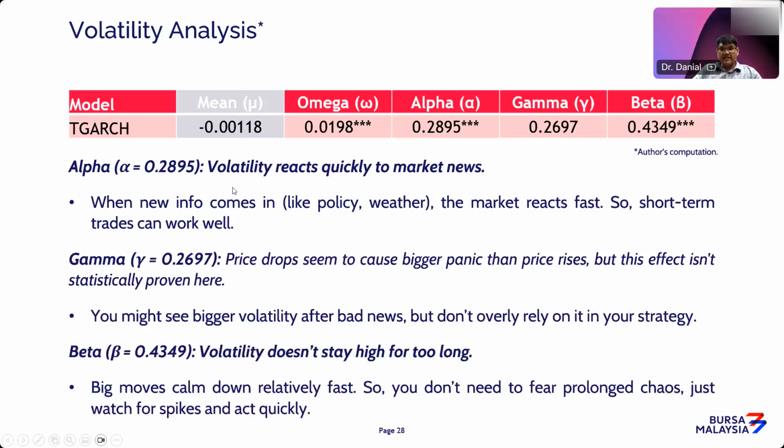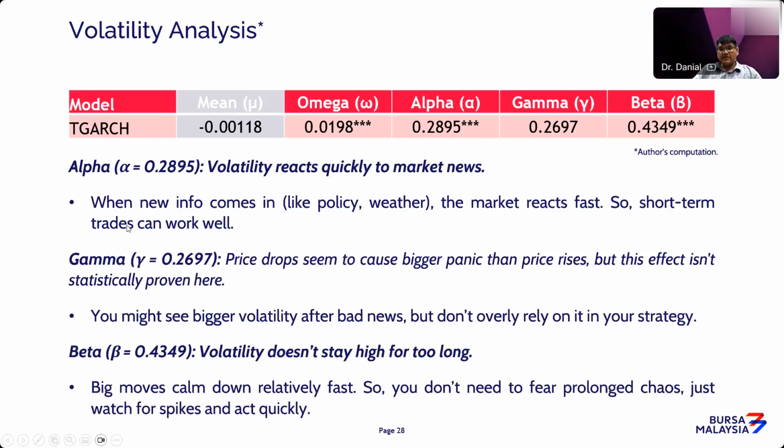Quickly, alpha: volatility reacts quickly to market news, alpha 0.2895. I see very good numbers here, whereby omega, alpha and beta are all showing good validity in terms of statistical significance.